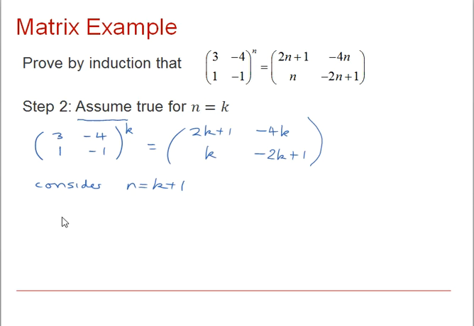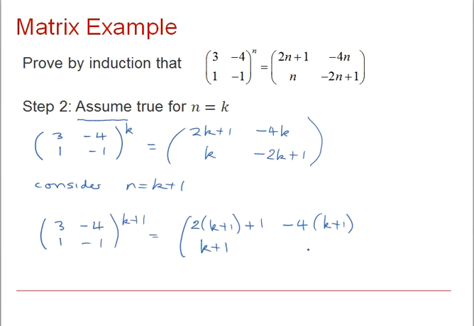It's probably worth thinking at this stage about what we're trying to prove, and you may wish to do this in another part of the page. What we're trying to do is to show that (3, 1; -4, -1) to the k plus 1 is equal to (2(k+1)+1, k+1; -4(k+1), -2(k+1)+1).